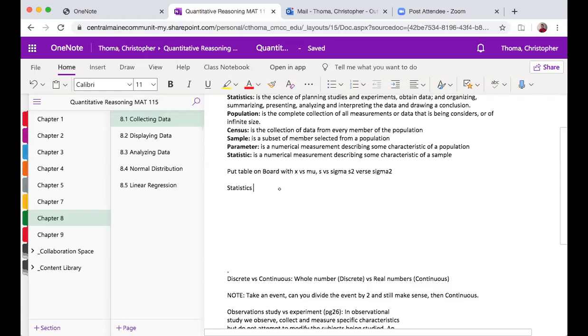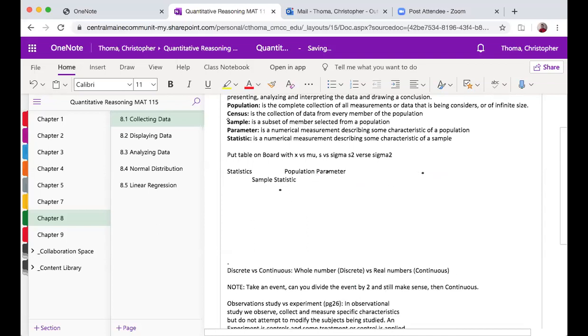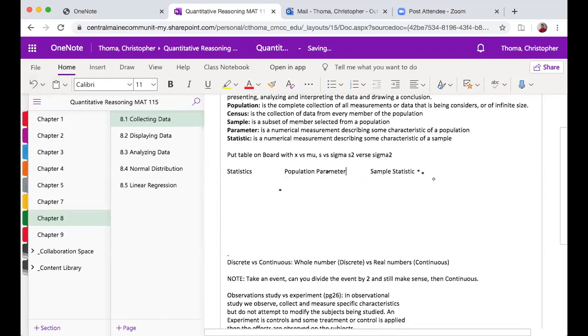Why is my tab not working? Let's do a bunch of spaces then. Population parameter, sample statistic. I'm not sure why my computer is not cooperating with me all of a sudden. Undo. Why am I in draw? That's probably half my problem.